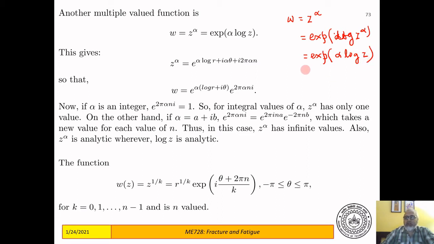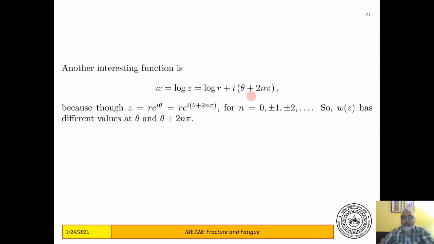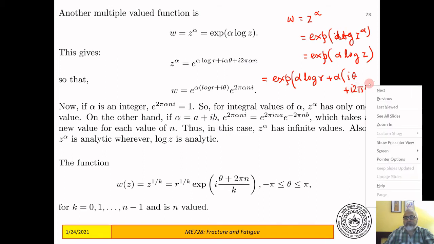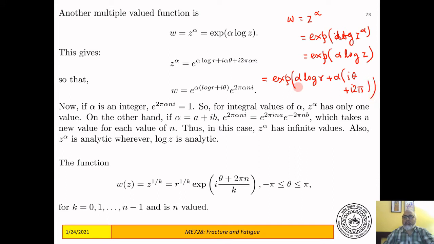Now log z we already know is this, and it's multiple valued. So this would be exponential of alpha log r plus alpha i theta plus 2n pi. So this would be your w.